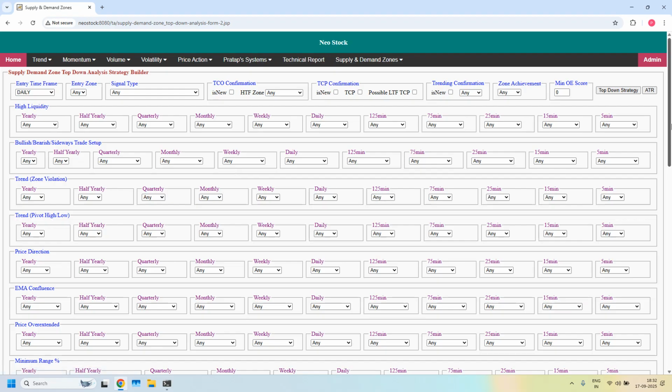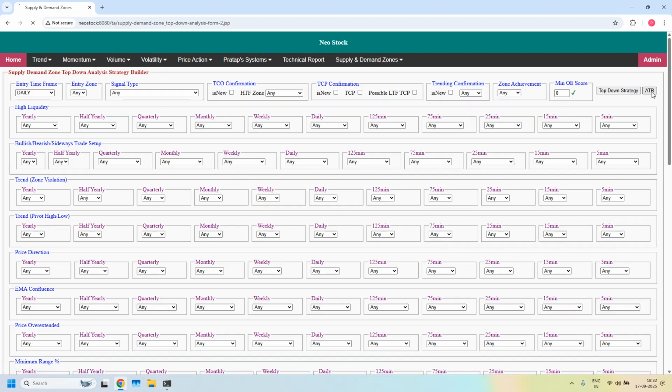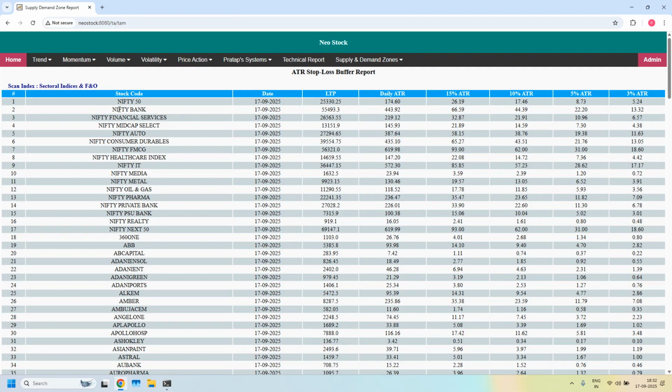In the final report, I am generating stop buffers based on daily ATR. So the first 17 in this list are indices, remaining all are equity stocks. I am scrolling the list down. Whichever stock you want to refer to, pause the video, study that particular stock and then proceed to the next one.